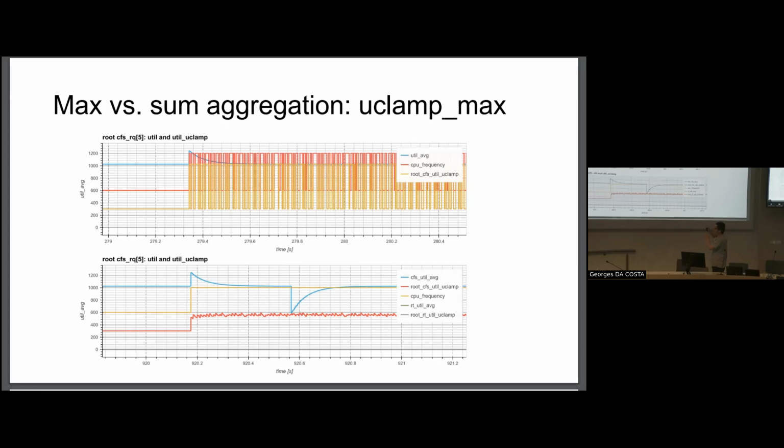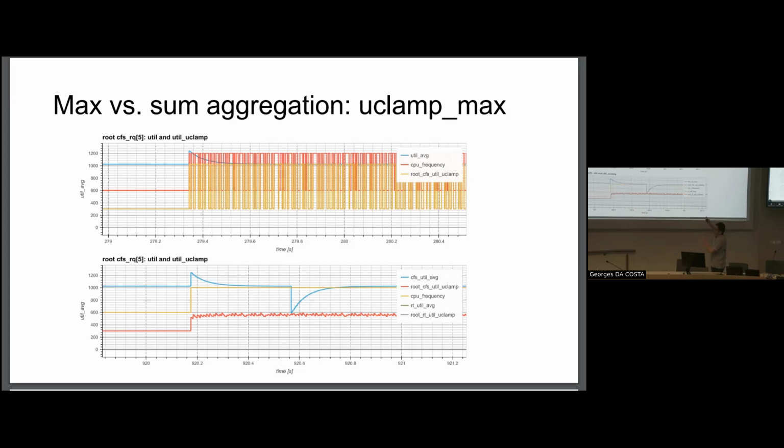The moment that task wakes up, the RQ Uclamp max value goes from 300 to 1024. Because task A is always running, with a utilization PELT value of 1024, every time the small task wakes up you have this uncapping effect. The total run queue utilization goes from 300 to max, and then the small task goes to sleep.